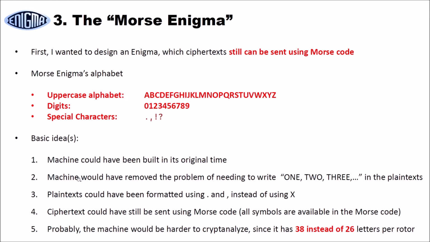And then ciphertext could still be sent using Morse code, as I already said, because all symbols that I have chosen here are available in Morse code. And probably the machine would be harder to cryptanalyze since it has 38 instead of 26 letters per rotor, rendering the key space much bigger than the original key space of the Enigma machines at that time.